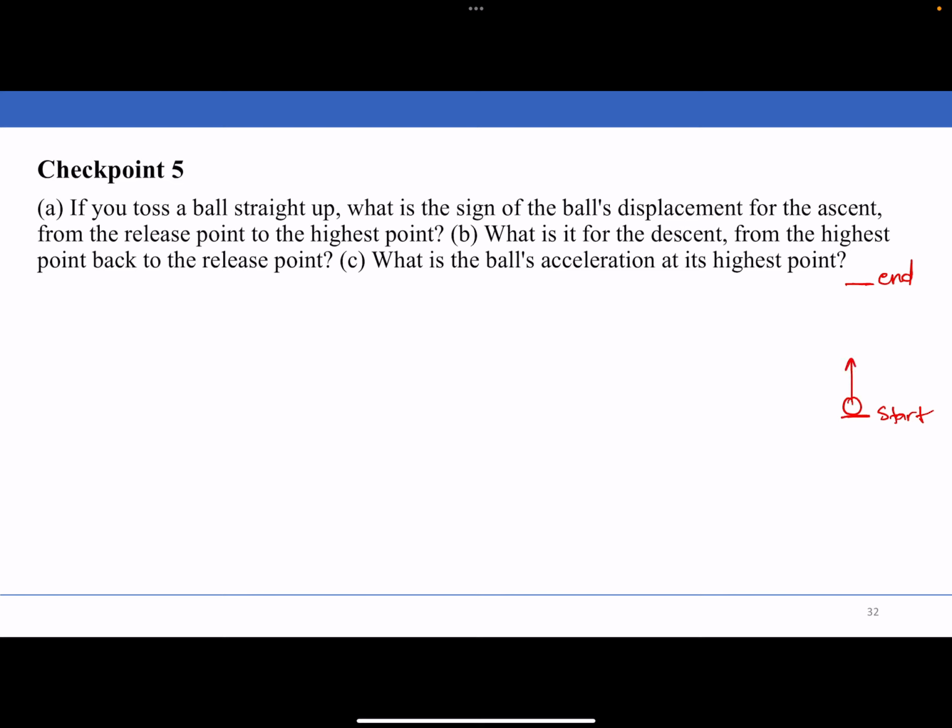What will be the sign of displacement as it is going up? In this case, for part A, displacement is positive. Why? Because remember, displacement is final position minus initial position. The final position is higher, initial position is lower, so the answer will be positive.